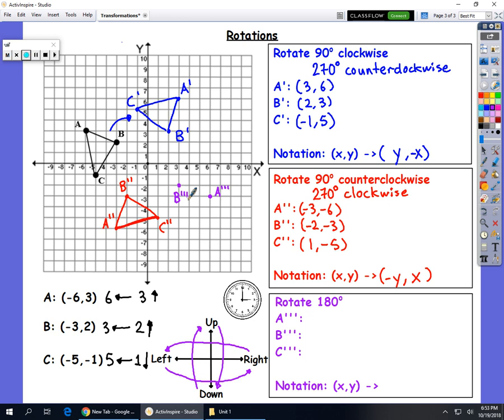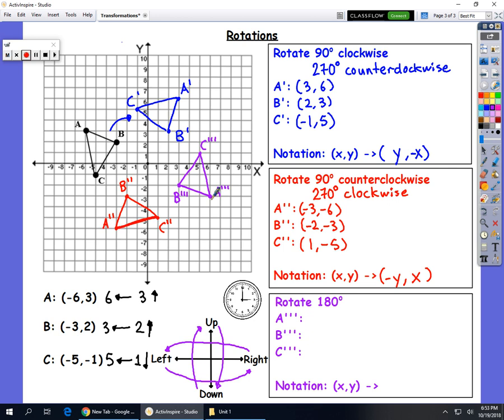Last one is C. Instead of 5 left, I'm going to go 5 right. Instead of 1 down, I'm going to go 1 up. So 5 right, 1, 2, 3, 4, 5, and 1 up. C triple prime. Nope, I completely missed that one.